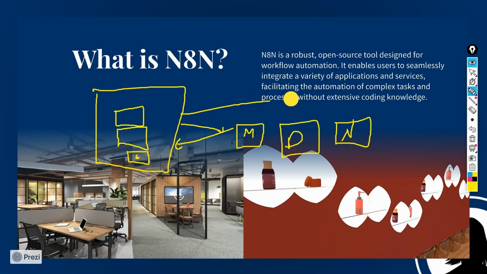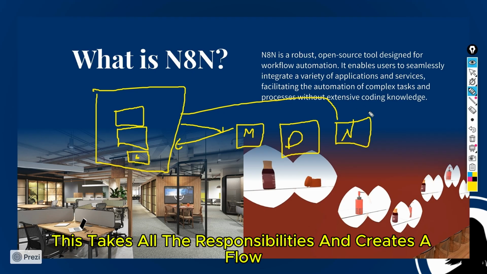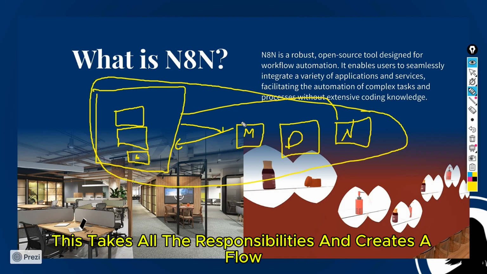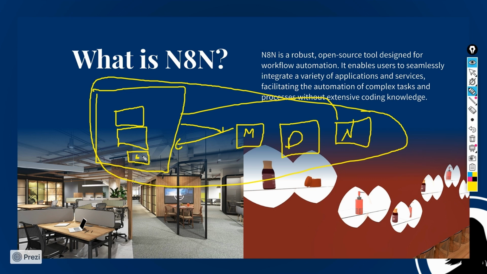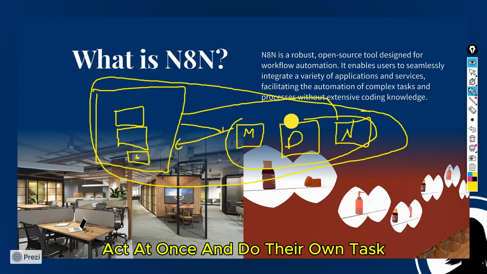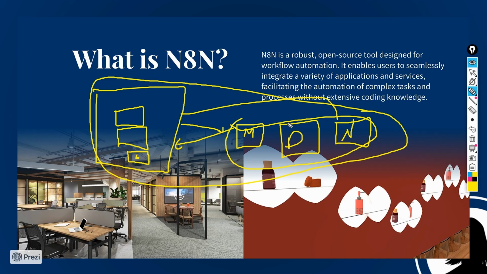So this takes all the responsibilities and creates a flow, like when a user clicks the submit button, all these nodes act at once and do their own tasks, executing the whole workflow. This is the main concept of n8n.